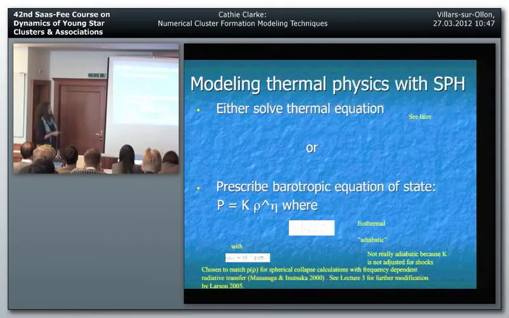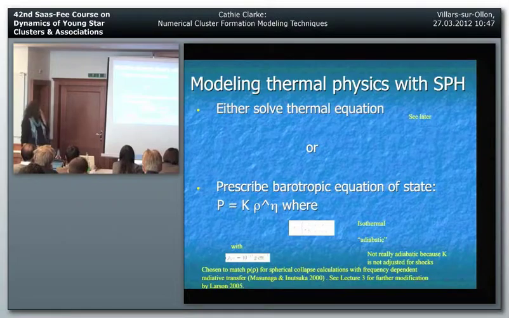It's not really adiabatic because an adiabatic system, when it goes through a shock, this coefficient out here should change. You should generate entropy in a shock. If you keep this constant, which is what is done in these codes, then you don't generate any entropy in the shock. You still have the material sitting on the same adiabat when it's gone through the shock.